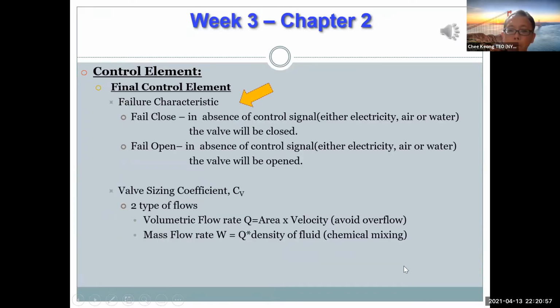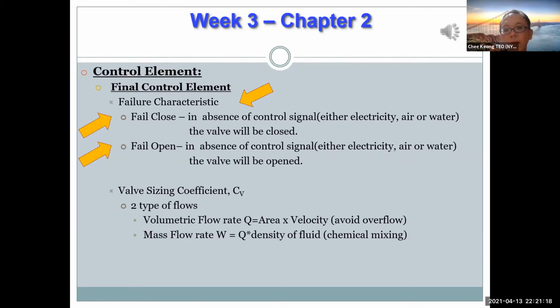One important thing to note in the final control element is the failure characteristic, meaning in the absence of a control signal, will the valve be closed or opened? For example, if we are using a pneumatic valve, in the absence of air the valve is closed, then we call this a fail close.